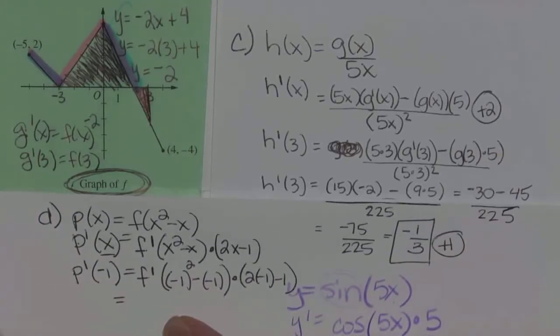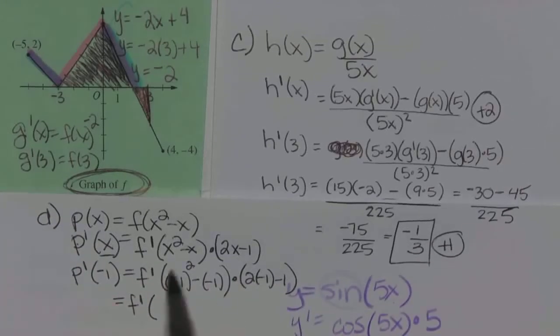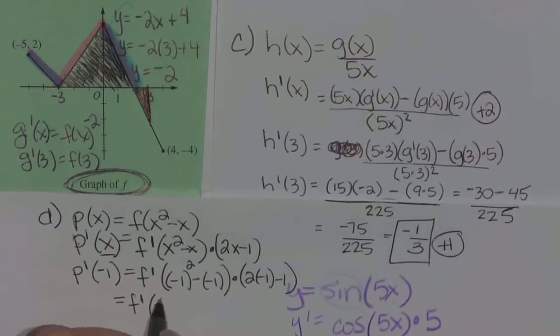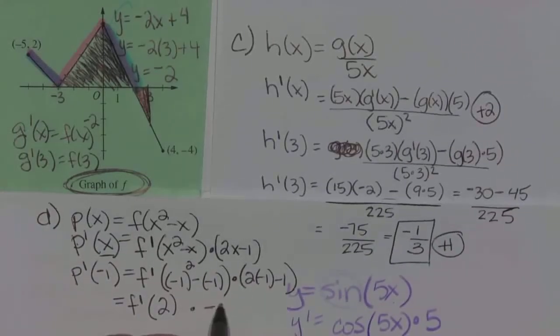Okay? This is going to equal f prime of, let's do the math in this parentheses. Negative 1 squared is positive 1, plus 1 is 2, times 2 times negative 1 is negative 2 minus 1 is negative 3.